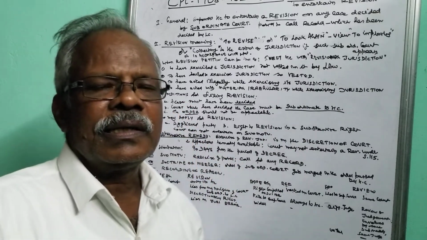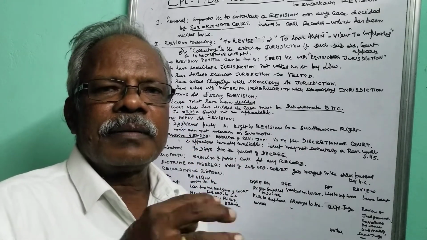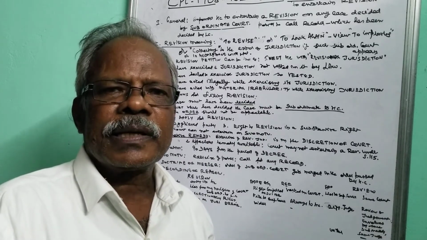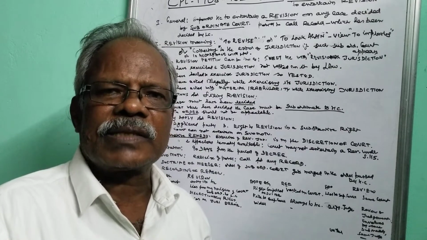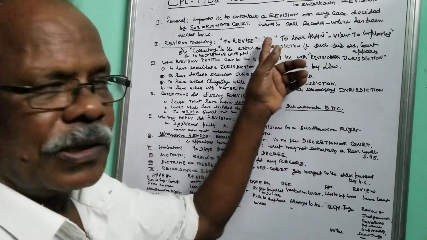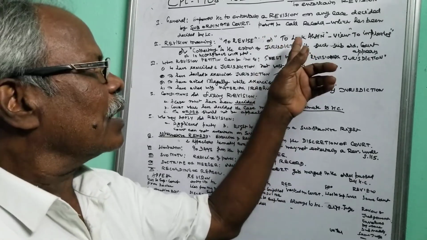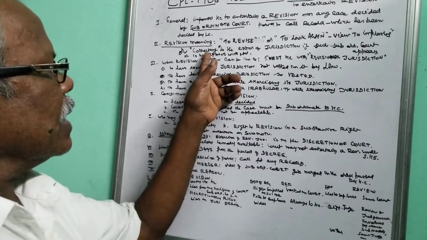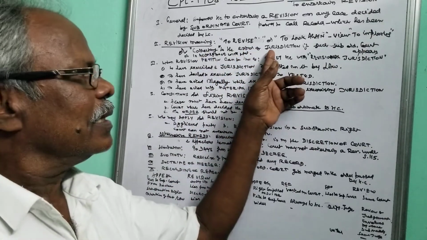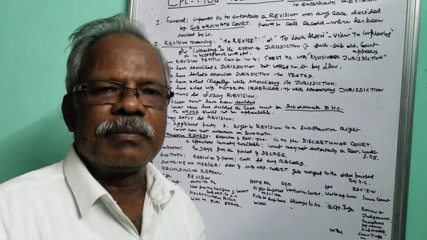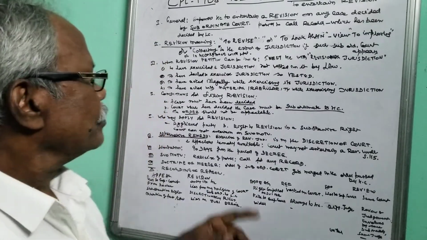So whenever the decreed case by the lower court is found to be capricious or not in accordance with the law, then to revise it or to look again with a view to improve or correct the error of jurisdiction, the High Court can take up the decided cases by the lower court.